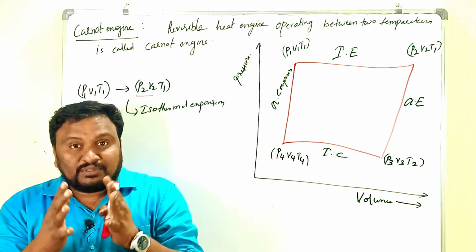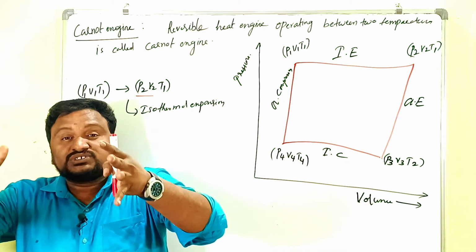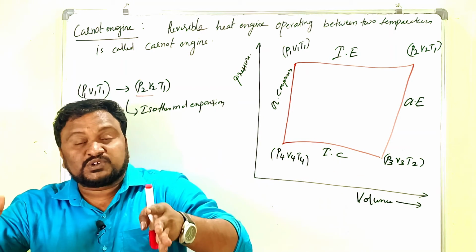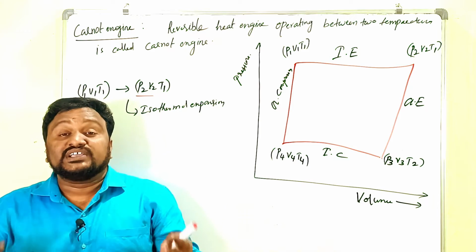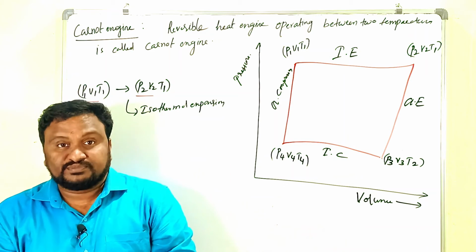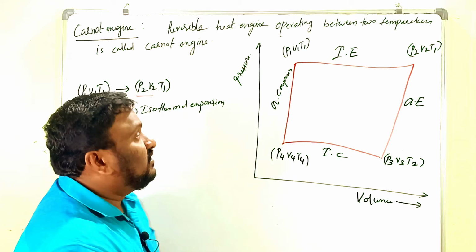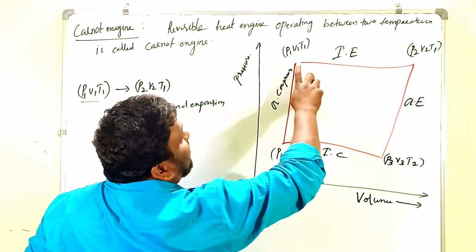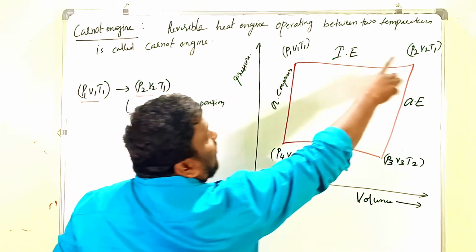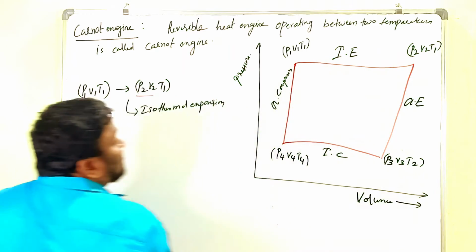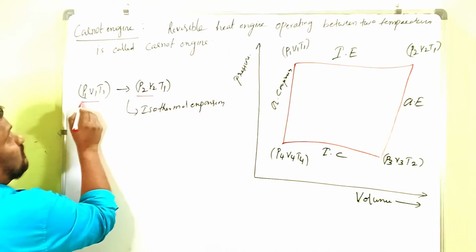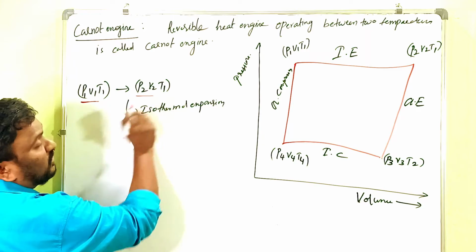And if the gas molecules come close while the temperature is maintained constant, that is isothermal compression. Clear? In case of isothermal expansion, we are showing T1 and T1, so the temperature remains constant: P1 V1 T1 and P2 V2 T1.